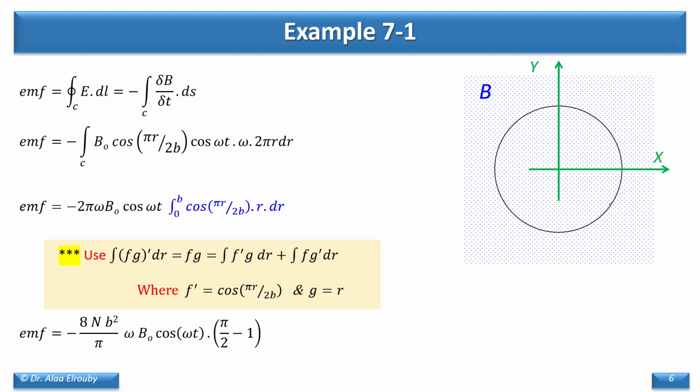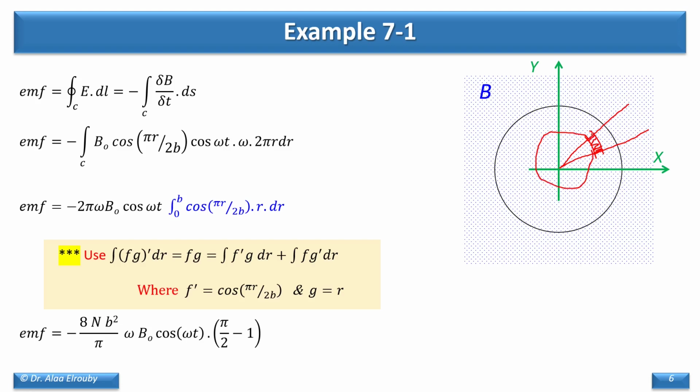Then we need to find the expression for ds. If you remember, for ds in this case, this arc equals r d phi, and this edge equals dr. This is the area of this section, equal to r d phi multiplied by dr. The expression for B depends only on r, so there is no dependency on phi, which means that we have phi symmetry.